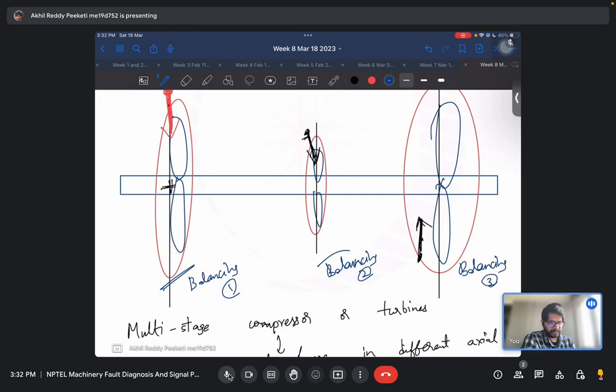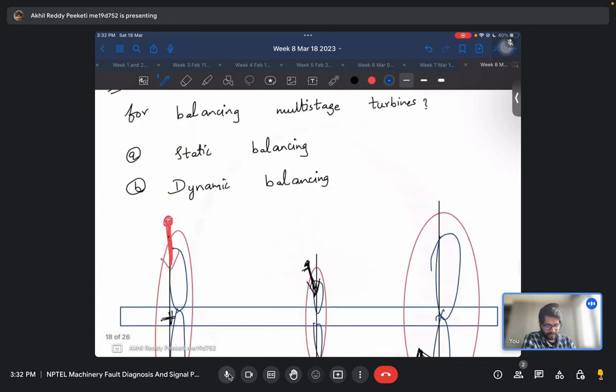So you do multiple balancings. You balance the forces in each axial plane. So at the end there are no forces or torques. Okay. So you are balancing only forces in each plane, but you are doing it in multiple different planes. So this is called dynamic balancing.